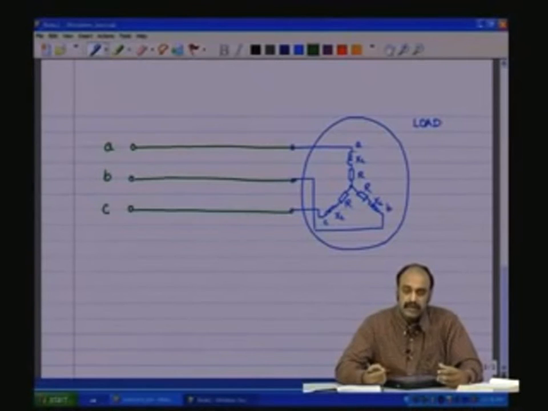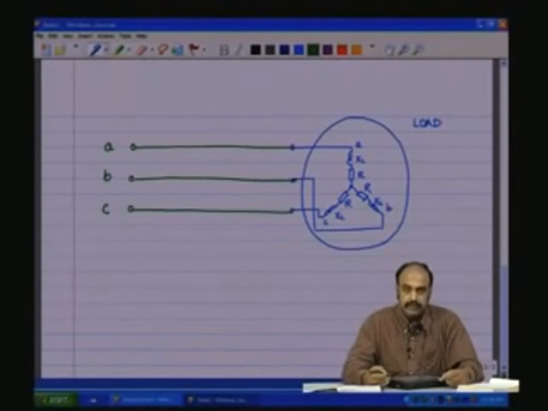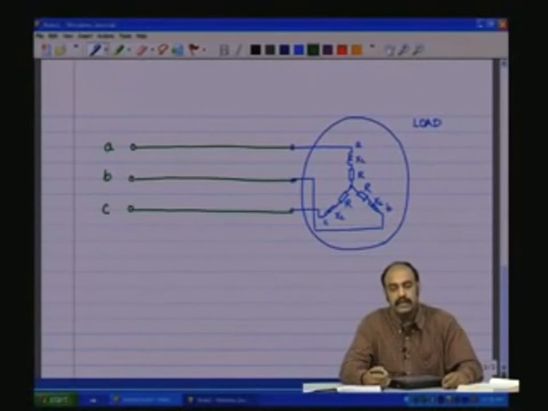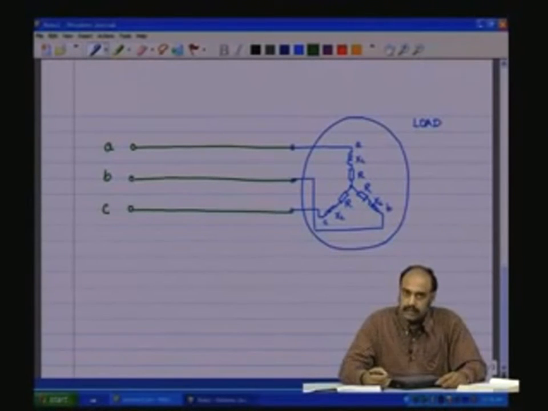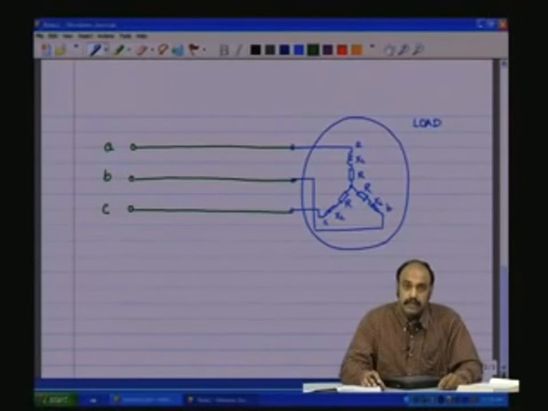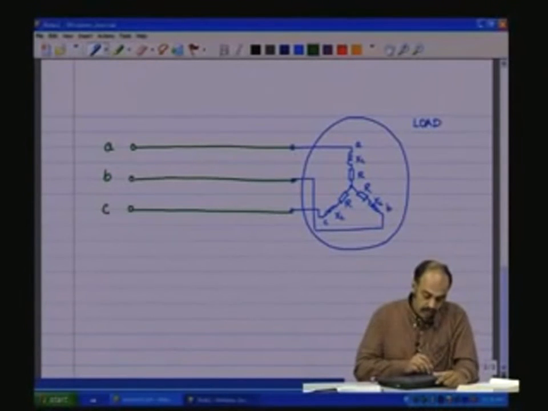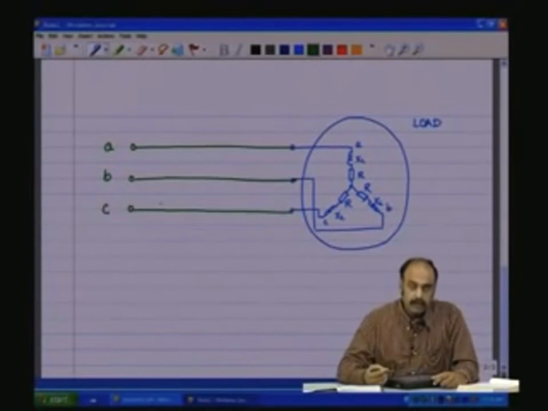Now, if this has a large reactive component, then the power factor is going to be very poor. The power factor angle is given by tan inverse of XL by R for every phase, so if the inductive reactance is very large, the angle can be large and therefore the reactive power drawn from the source can be quite high.